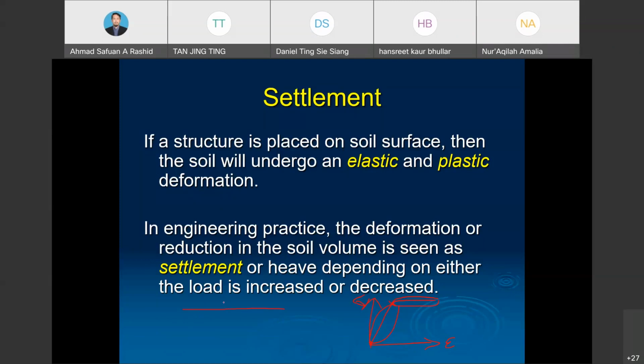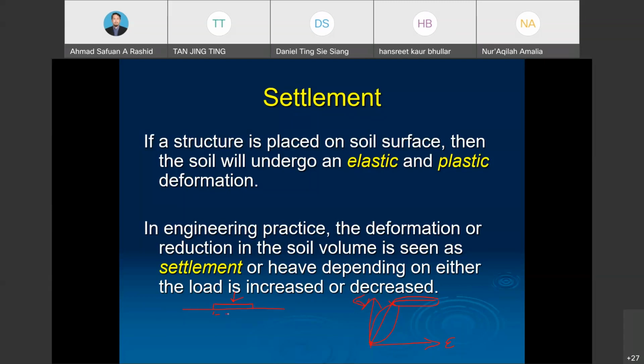The same example: when we apply a load on the soil, for example under a square footing area, the soil will deform a little bit downward.